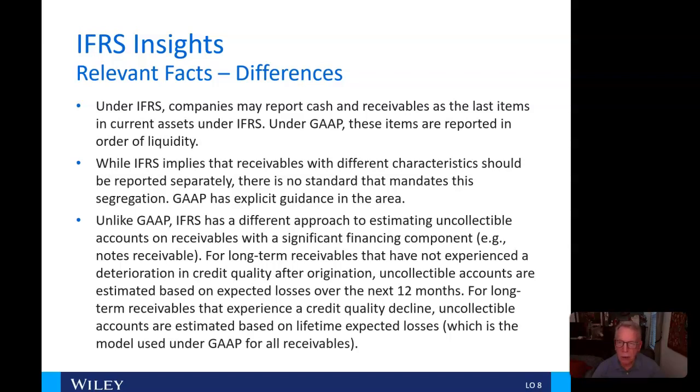There's no standard that mandates this segregation, whereas GAAP has explicit guidance in that area. And then, like GAAP, IFRS has a different approach to estimating uncollectible accounts on receivables with a significant financing component, e.g., notes receivable. So I'll let you read that on your own and study that.